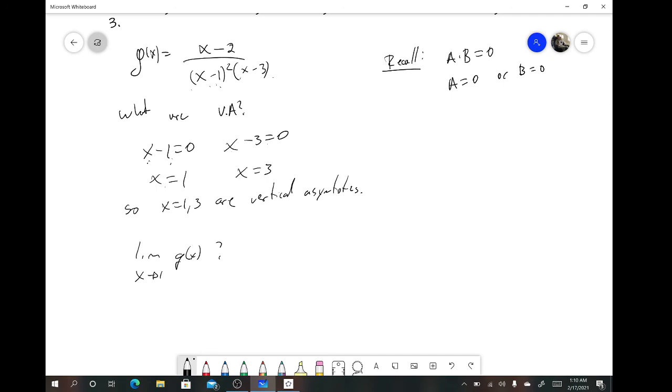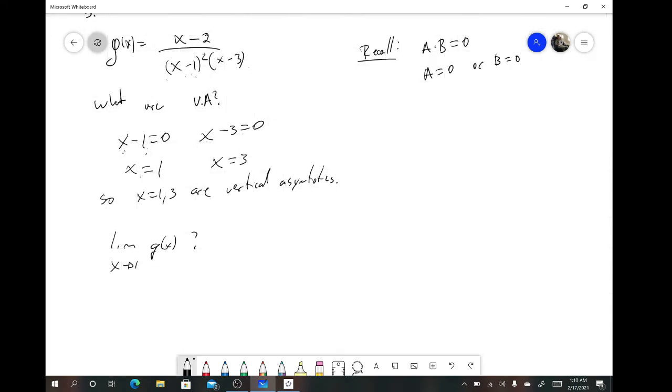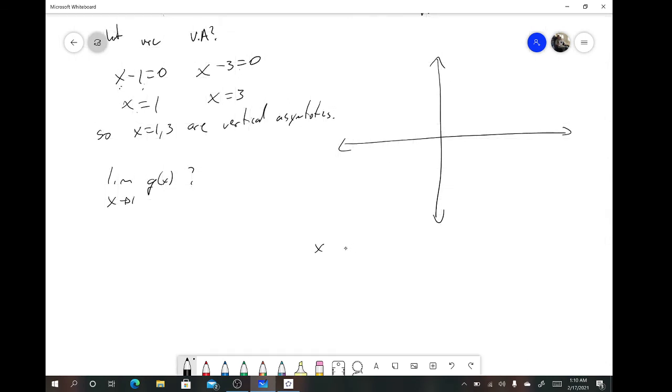Well, let's see. If we were to graph this function, here's what we'll have. We could make a table really quickly. We have x minus 2, x minus 1 squared, x minus 3, and y.